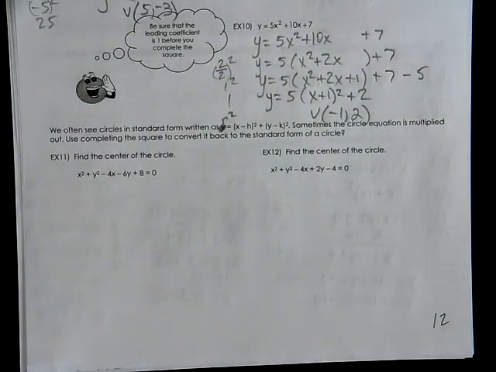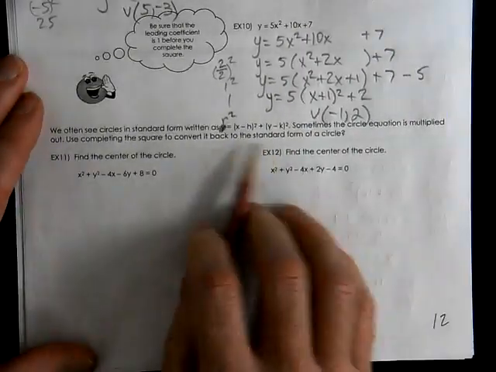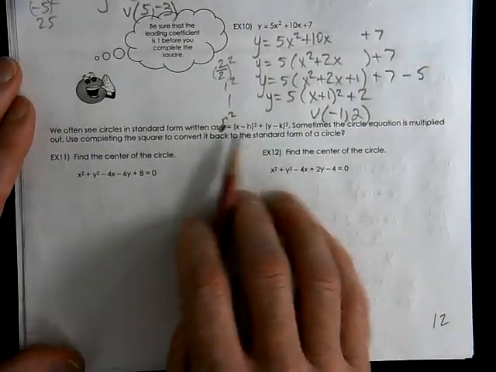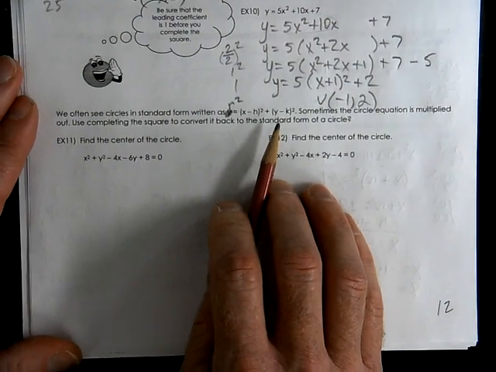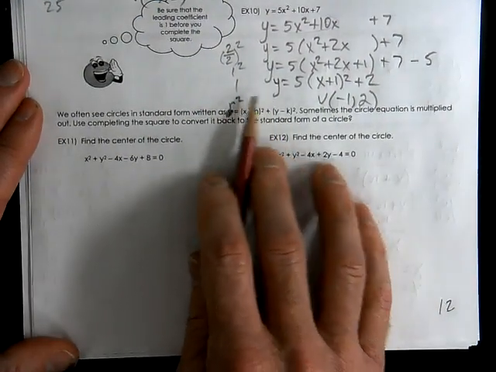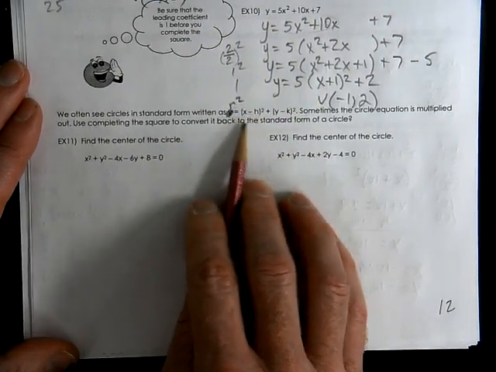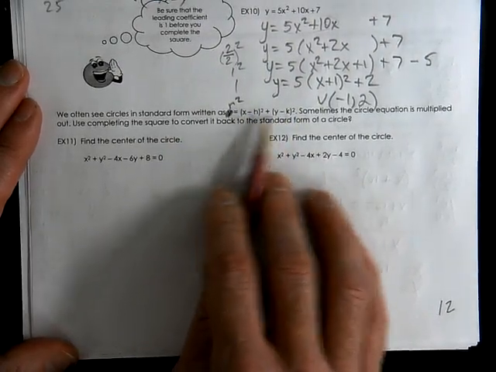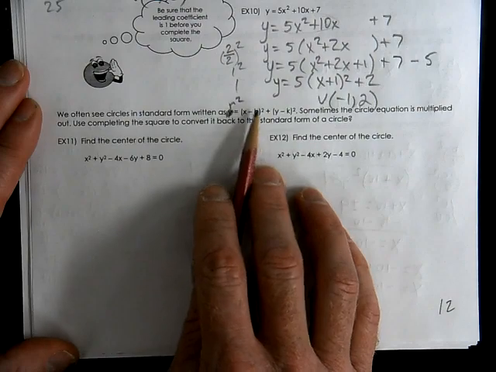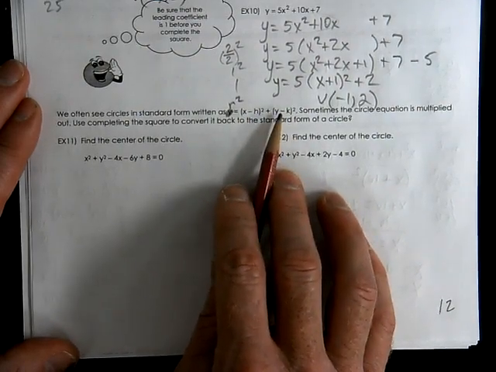Radius squared equals x minus h squared plus y minus k squared. You learned this in geometry class. This is not a new formula for you. We want to get our equation to look like this. We want two perfect squares: a binomial squared for the x's and a binomial squared for the y's.